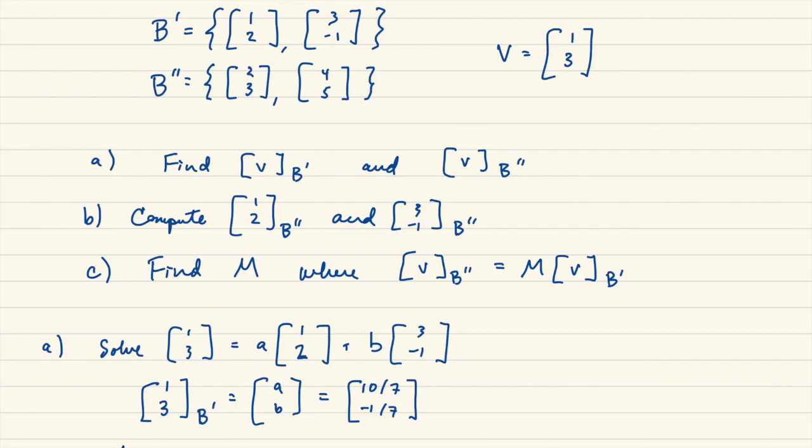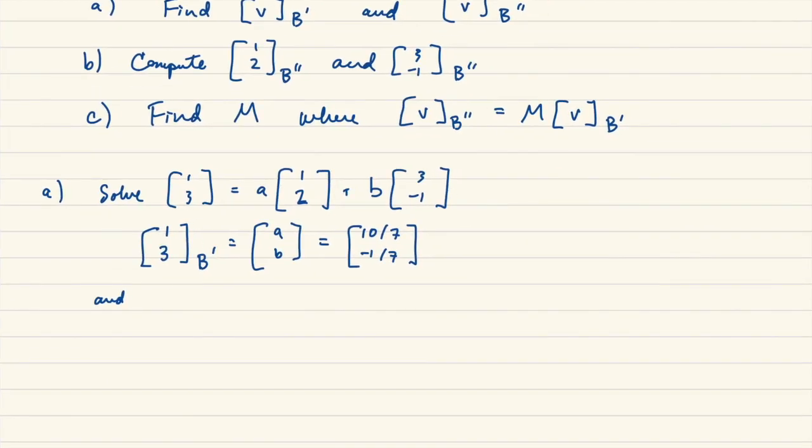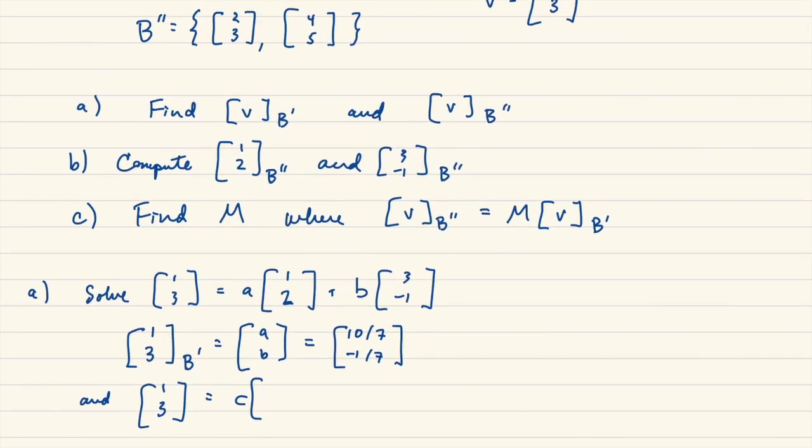And we need to do the same thing with respect to B double prime. B double prime was the vectors (2, 3) and (4, 5).